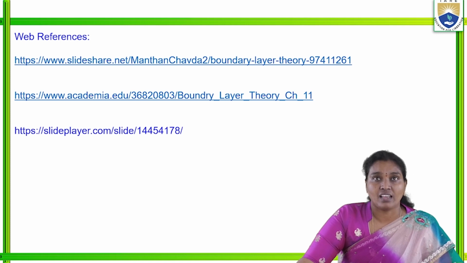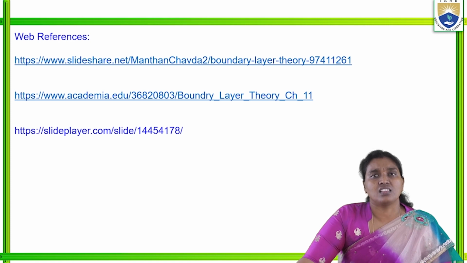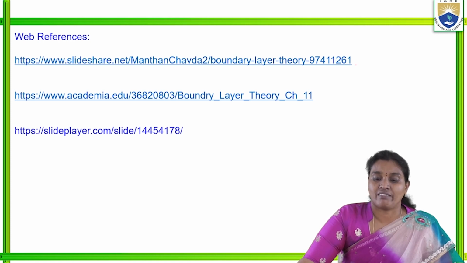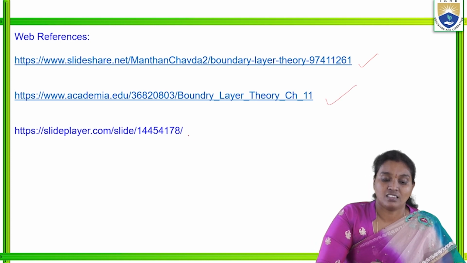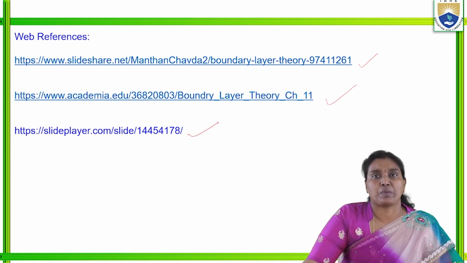These resources are available as a PDF and as PPTs. So these are the web resources we may consider for understanding the boundary layer theory.